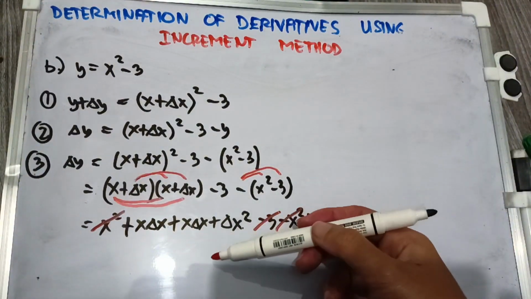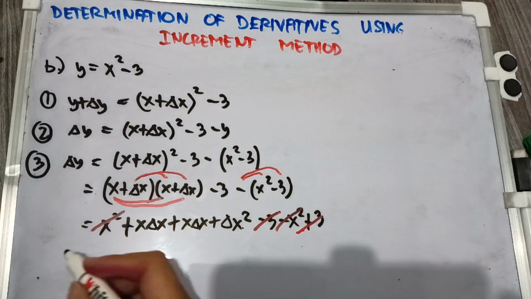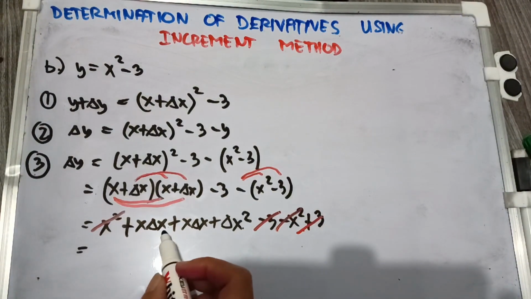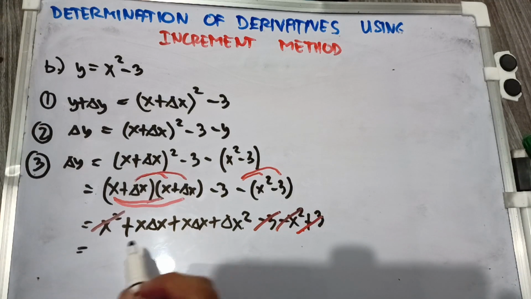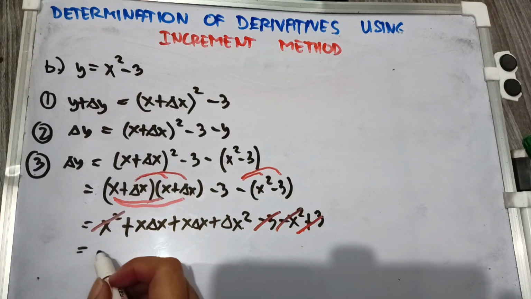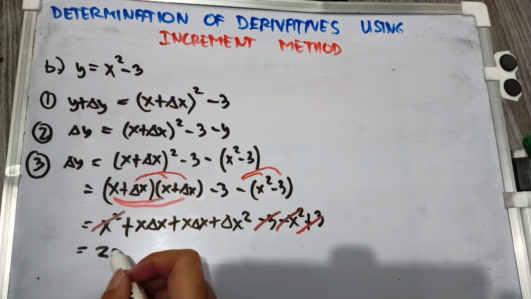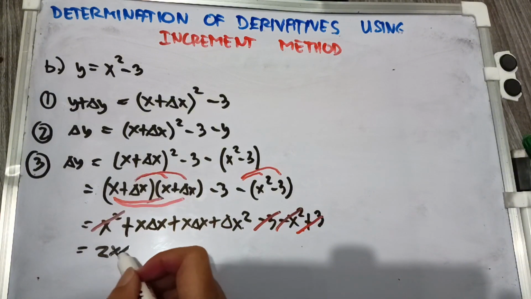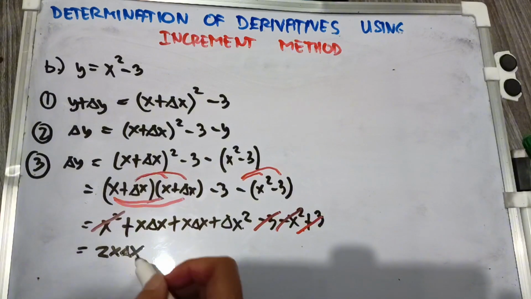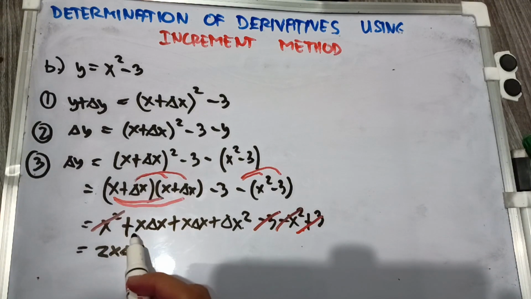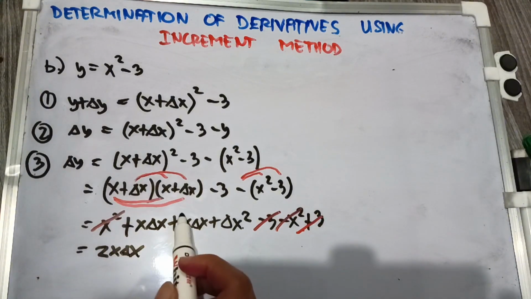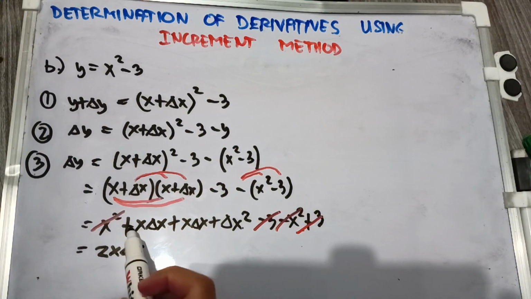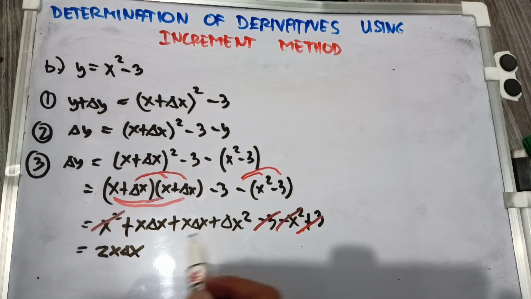So the remaining is x plus delta x plus x plus delta x is 2x delta x. We have one coefficient there, one imaginary coefficient there. 1 plus 1 is 2x plus delta x. And then we have delta x squared.